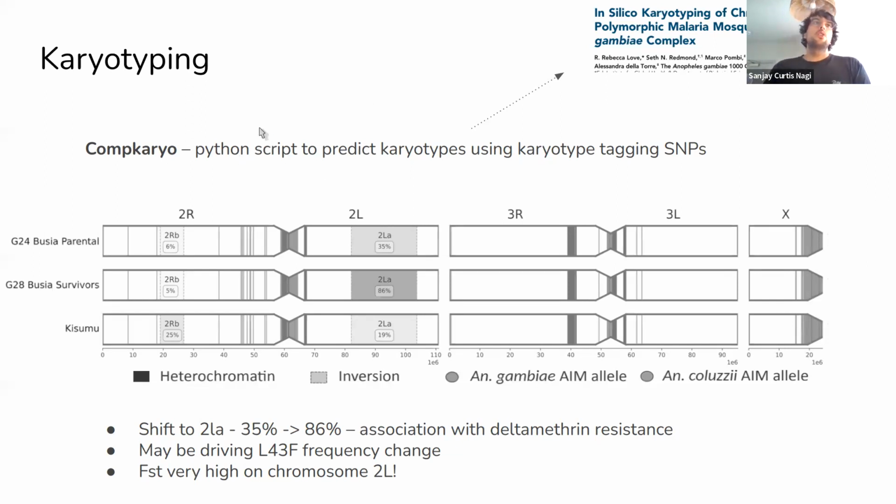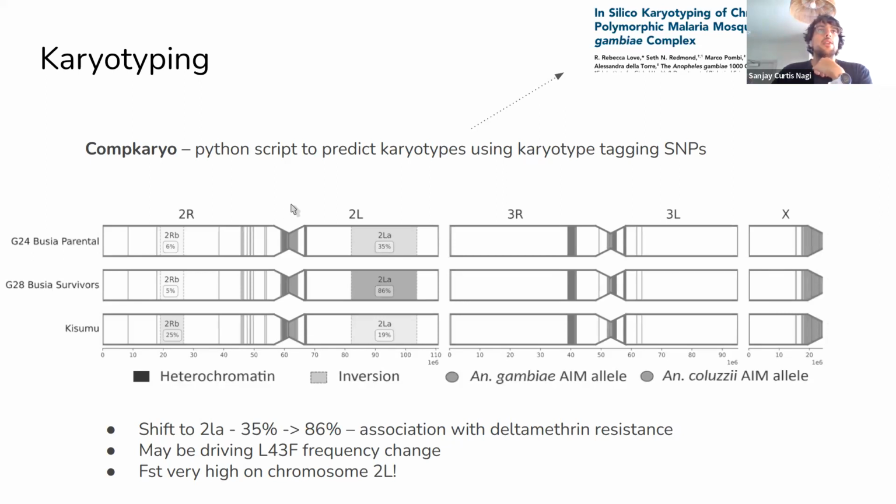We can use a tool called compkaryo within RNA-Seq-Pop, which is a Python tool to predict karyotypes using karyotype tagging SNPs. This was developed by Rebecca Love and Nora Besansky in this paper. We use compkaryo within RNA-Seq-Pop to determine the frequency of common chromosomal inversions. This plot shows a diagram of the five chromosomal arms in Anopheles gambiae.